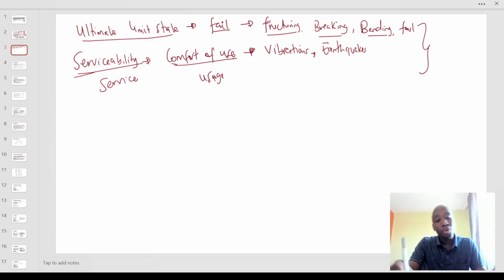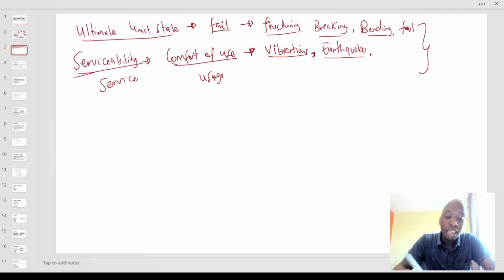But even before we get to that point, what would happen if this place has some use? Maybe vibrations, for instance. When you're designing a workshop, you consider things like vibrations, things like earthquakes, and many more that we are going to see. Even if the structure has not gotten to its ultimate, it can still affect.